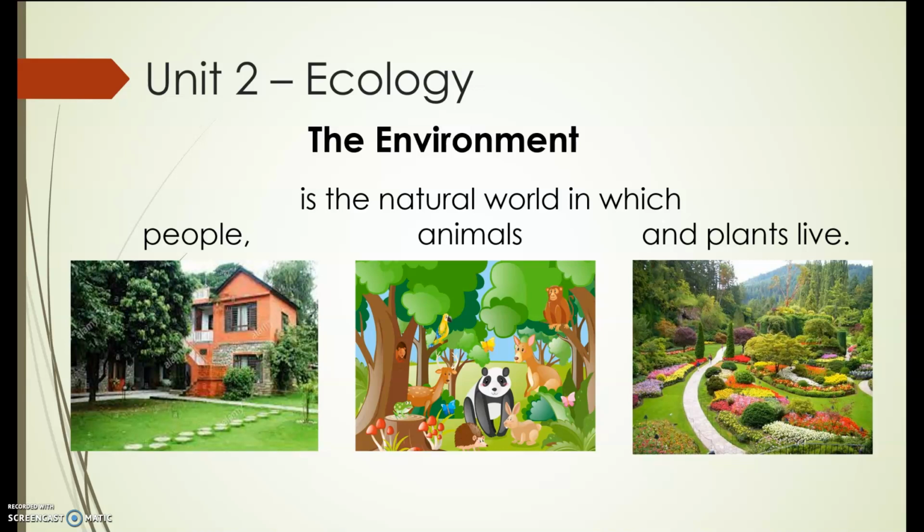Now repeat after me. The environment is the natural world in which people, animals, and plants live. Very good. So the environment is our surrounding, where people, animals, and plants are living.